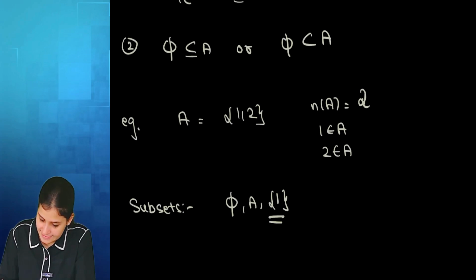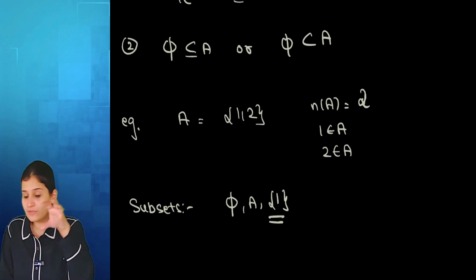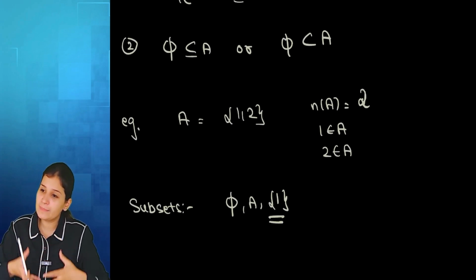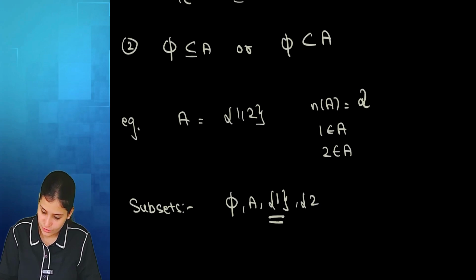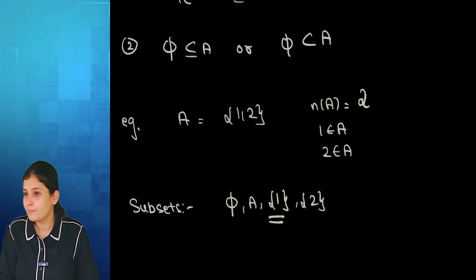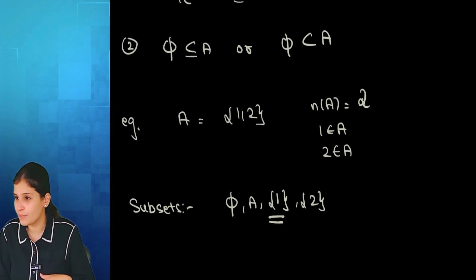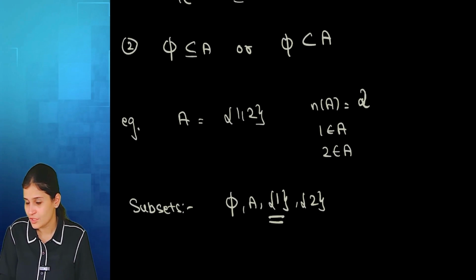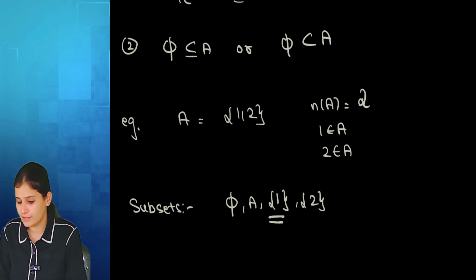This singleton {1} is a part of the bigger set A, so yes, it is a subset. Again take another element of A, singleton {2}. Again it will be a subset. Take both of them, {1, 2}. But I won't repeat, A itself is {1, 2}. I've already written that. {1, 2} or {2, 1}, how does it matter? So these are the only 4 subsets.